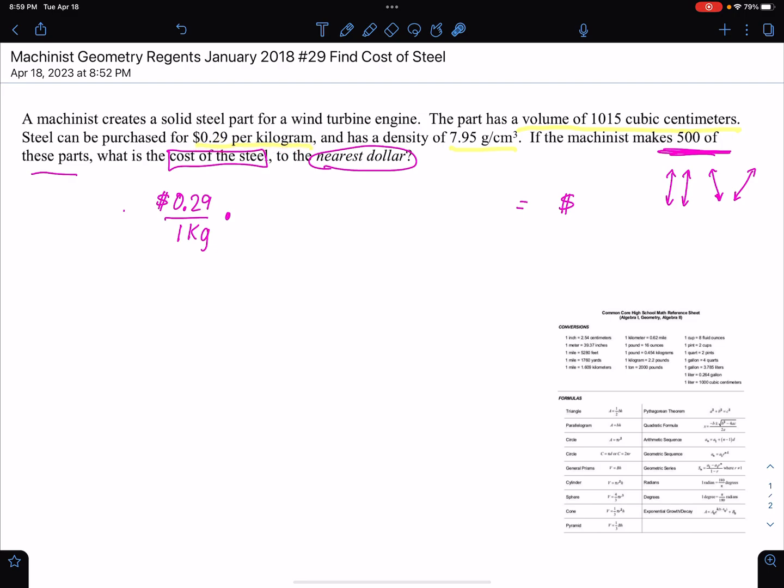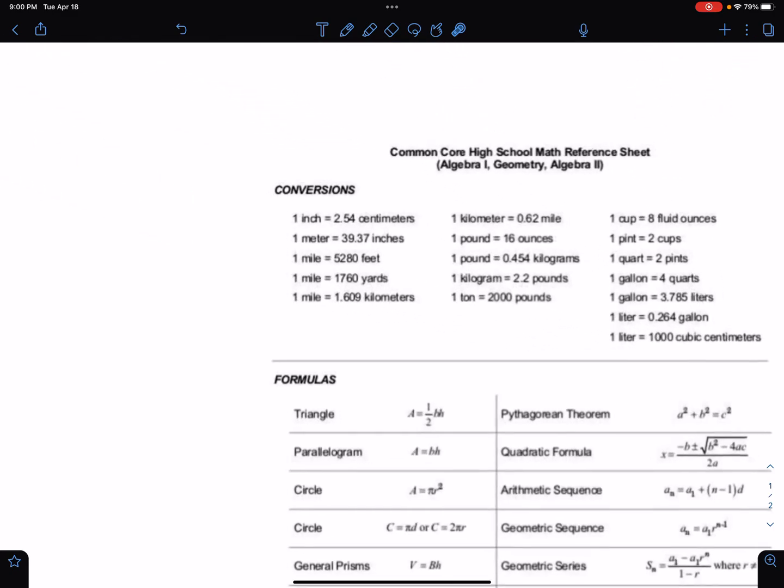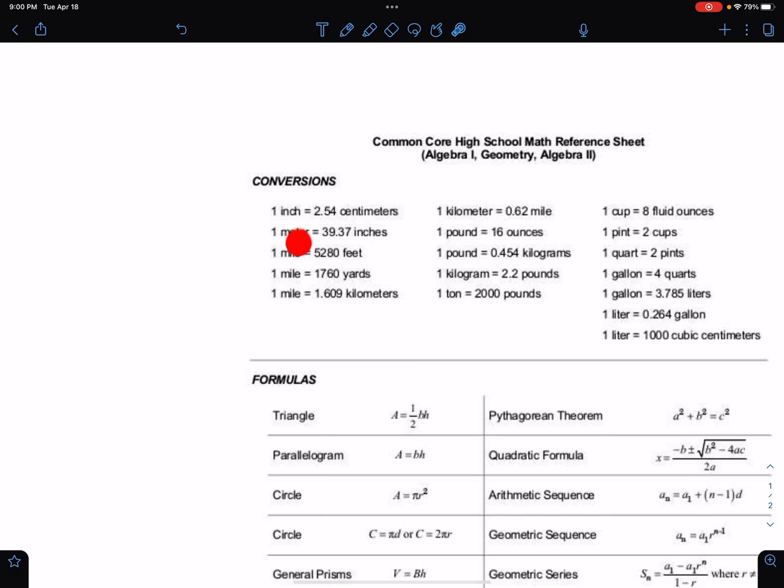If they're charging you per kilogram, then your units have to go into kilograms. So there needs to be a way for us to convert grams to kilograms. Now let's look at the reference sheet and see if they give us that. Grams and kilograms. No, they give us 1 kilogram is 2.2 pounds, but we don't need pounds in this problem.